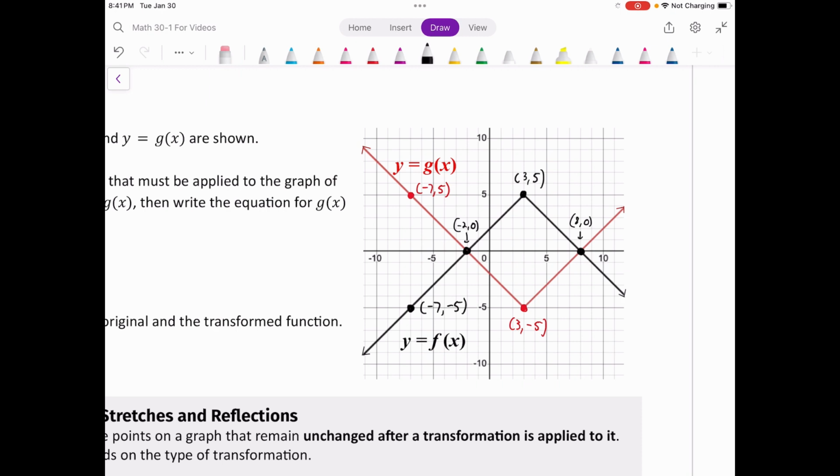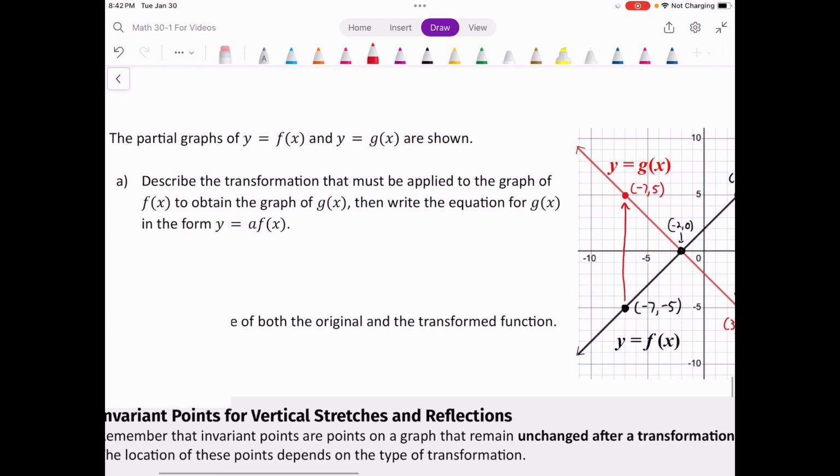What have we done to go from f of x to g of x? Every y value has just been given the opposite sign. It's been reflected across the x-axis. This point here at a y of +3 corresponds with this original point here at a y of -3, right? So every y value has just been flipped across the x-axis, a vertical reflection across the x-axis.